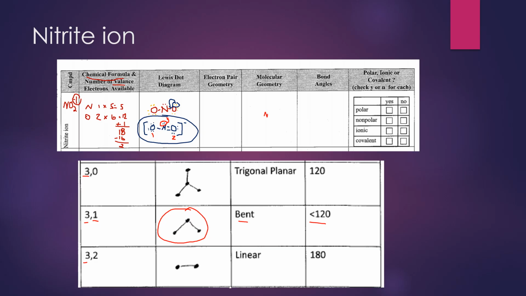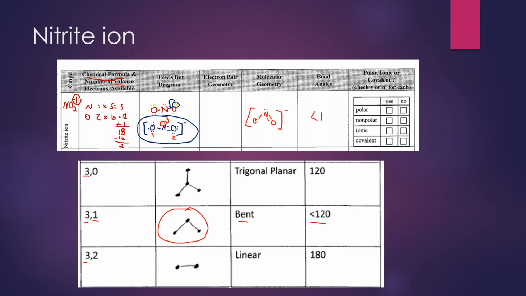So I'm going to put nitrogen, and I'm going to draw it so that it looks like it's bent. So I'm not going to draw it linear, how it's drawn in the Lewis dot diagram. So this would be my molecular geometry. My bond angle is less than 120.